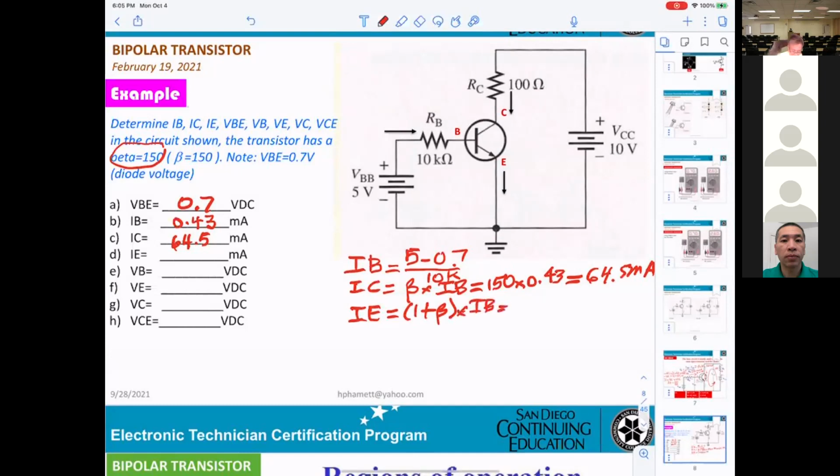Okay, so 1 plus beta means 151 times 0.43. Okay, 0.43 times 151. You get 64.93.